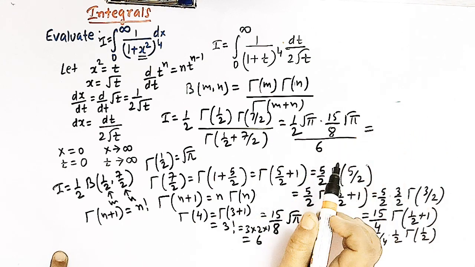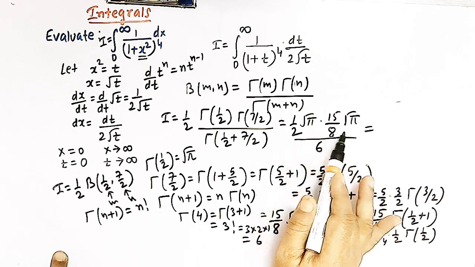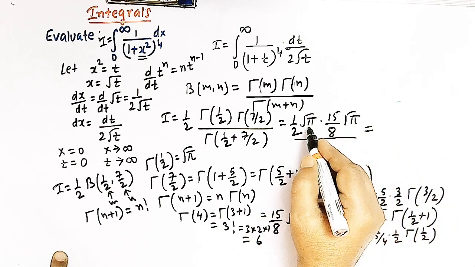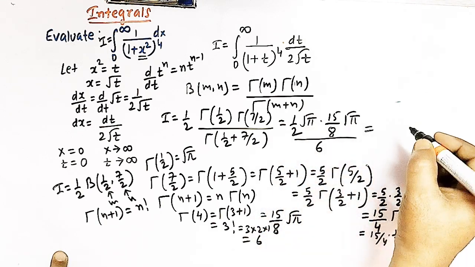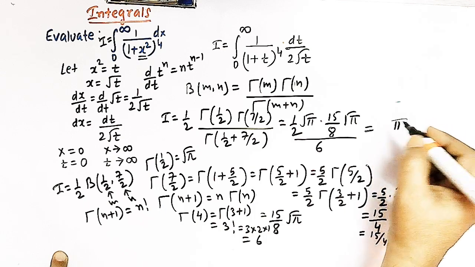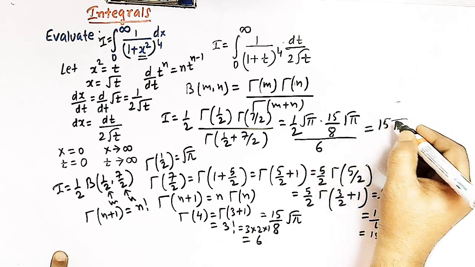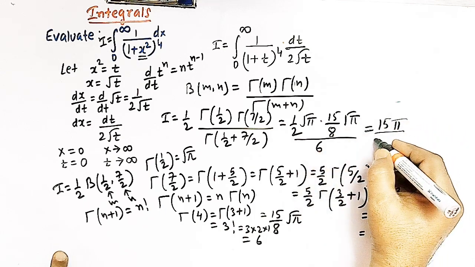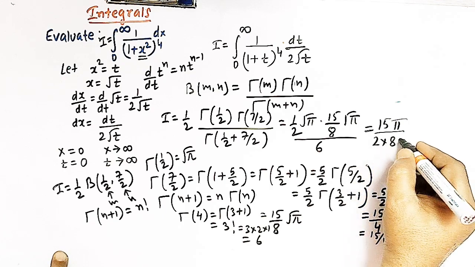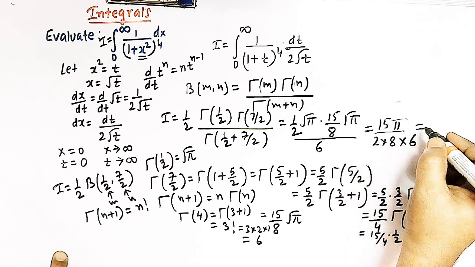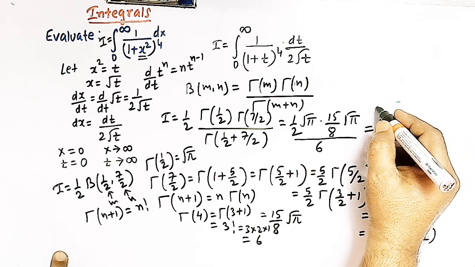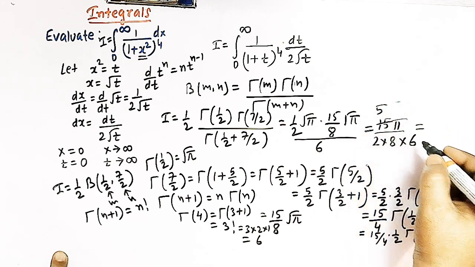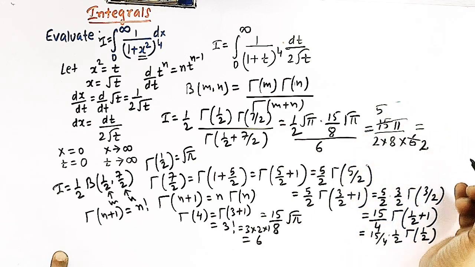So now we can solve this expression. Here square root of pi times square root of pi is pi. Here we have 15, and here we have 2 times 8 times 6. So now 3 times 5 is 15, and this is 3 times 2 is 6.